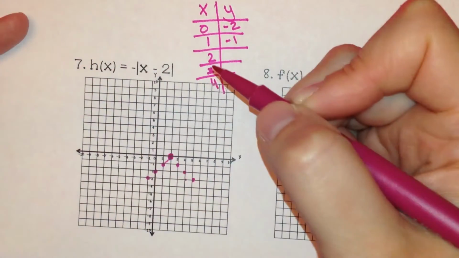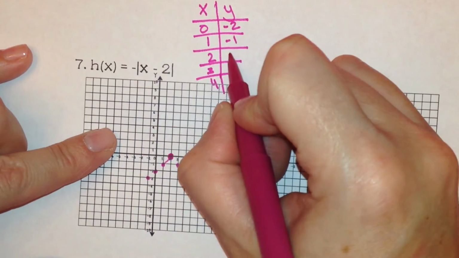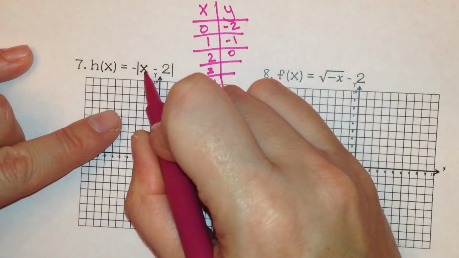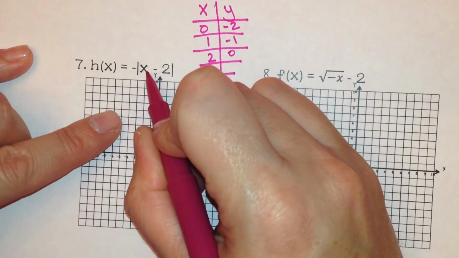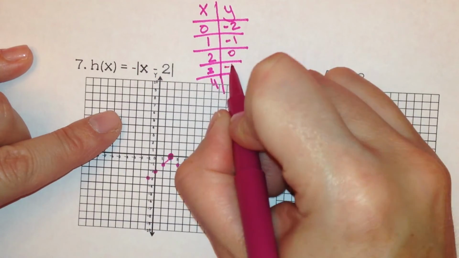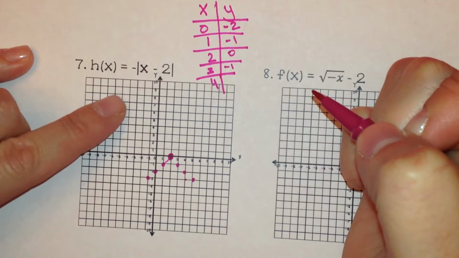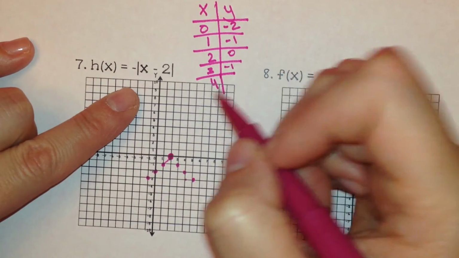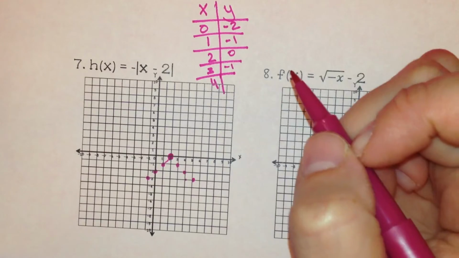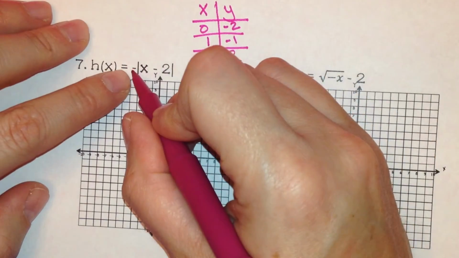So absolute value of 0 is 0. Negative is still 0. Plug in 3. 3 minus 2 is 1. Absolute value of 1 is 1. Make it negative 1. Plug in 4. 4 minus 2 is 2. Absolute value of 2 is 2. Make it negative.